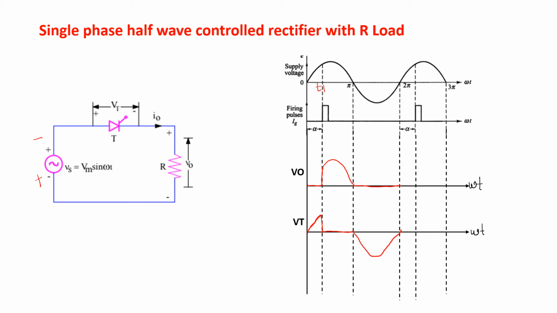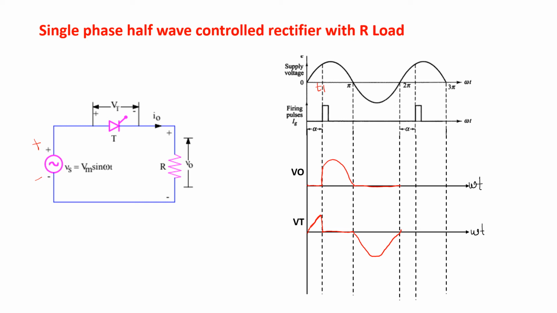Now after instant 2 pi, the positive half cycle starts again. The upper side will become positive and the lower side negative. Because of this positive voltage applied to the anode, the SCR will again become forward biased. But like a diode, it will not start to conduct. It will be in the off state.